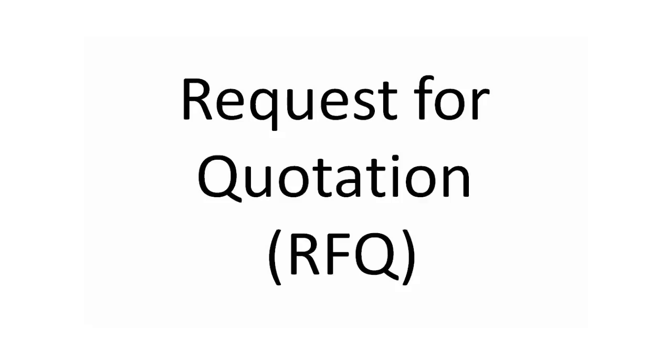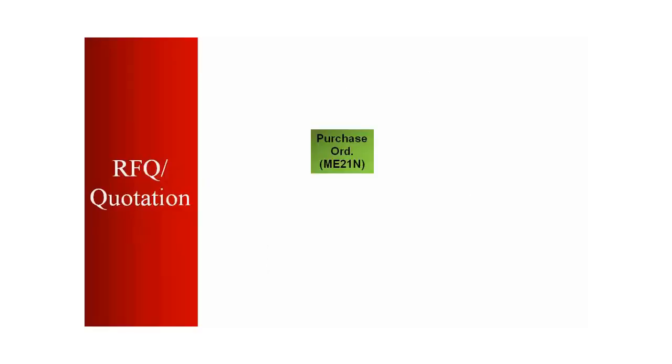Let's see some theory first, and then we'll start some practicals. In the previous topics, we saw how we can create a purchase order in SAP, then we did the goods receipt, and then we created the invoicing document.